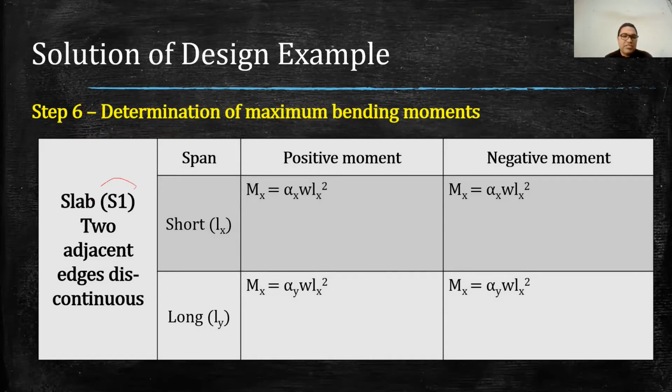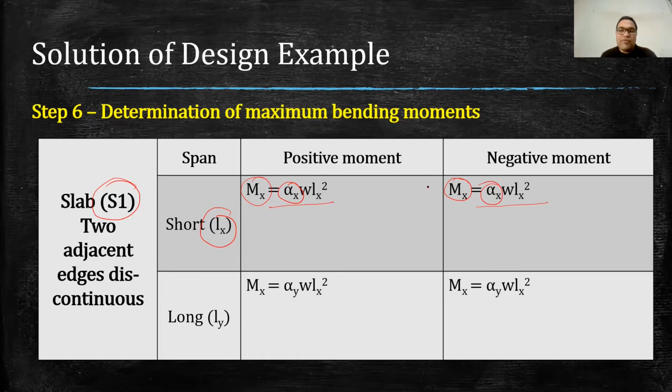Considering slab S1, the bending moment along the shorter span is given by this formula, Mx = alpha x w lx square, and the same formula for negative bending moment, Mx negative. So this is Mx positive, this is Mx negative. The value of alpha x in this case will be different from alpha x in that case.